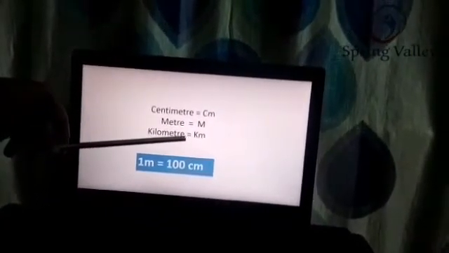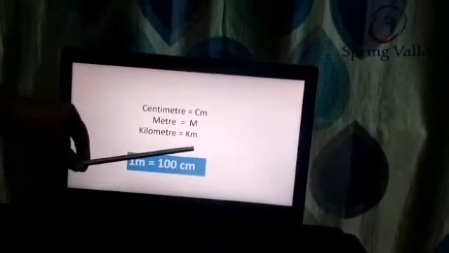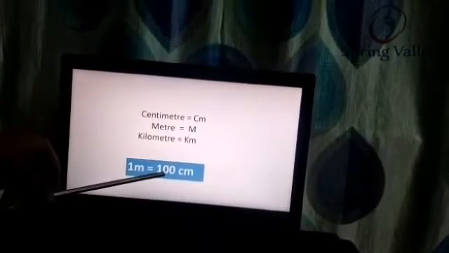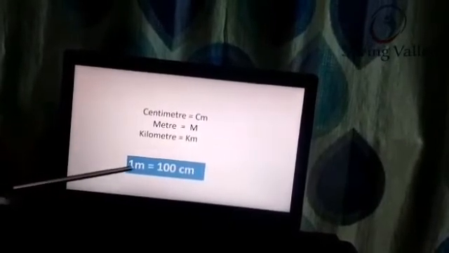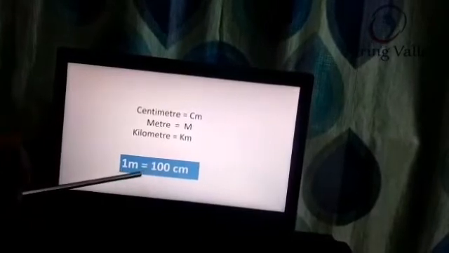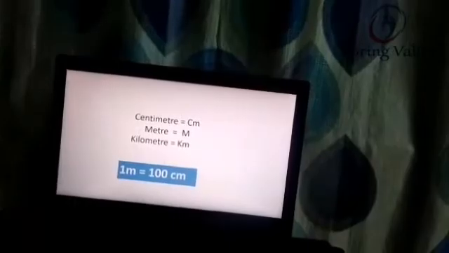That is measured in kilometers. In the short form you can write it km. So, 100 centimeters is equal to 1 meter. Children, listen carefully. 100 centimeters is equal to 1 meter. Hope you all got it.